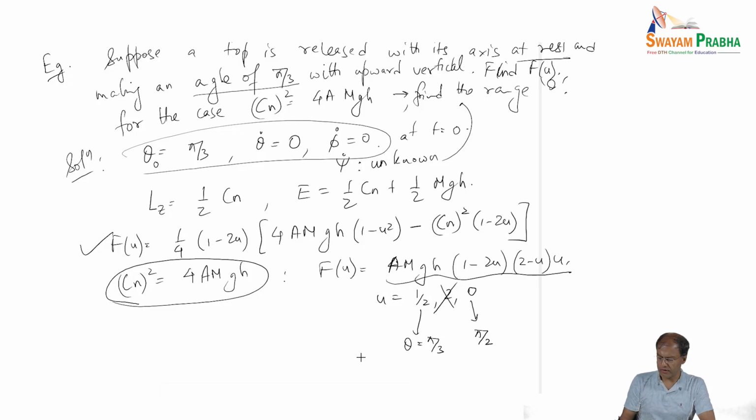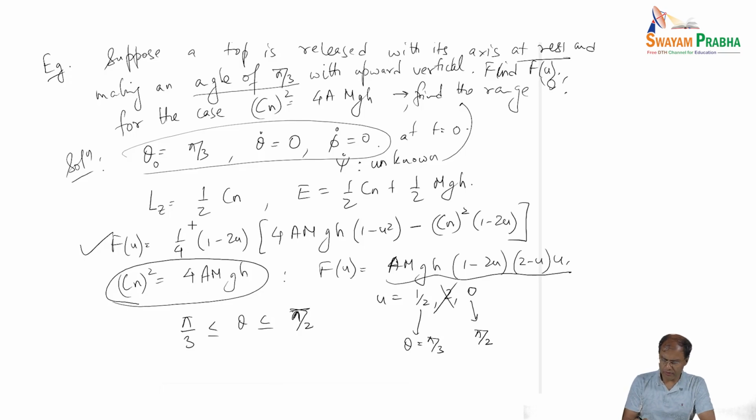These are the cos inverse of these values. So my nutation ranges from 60 degrees to 90 degrees. Okay, so that is what we have.